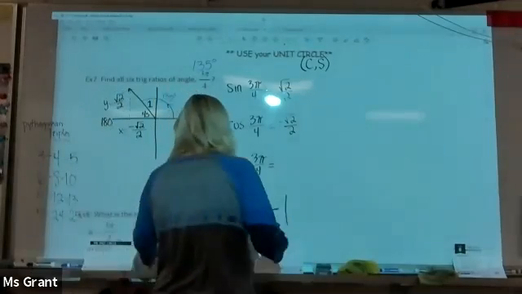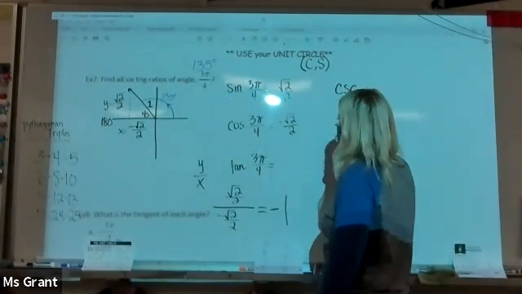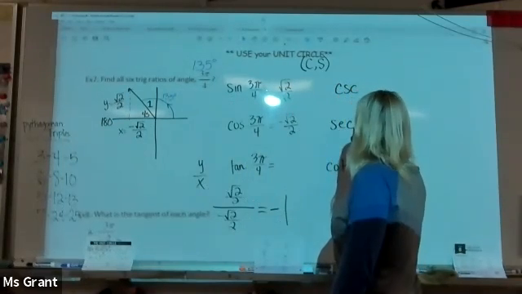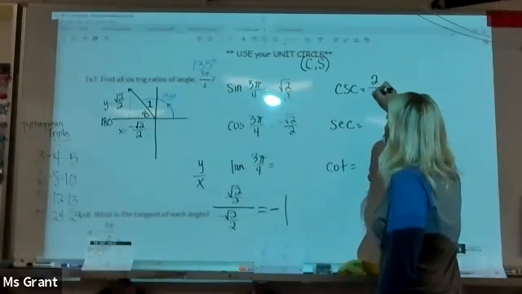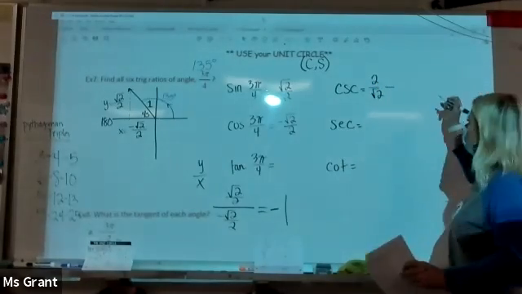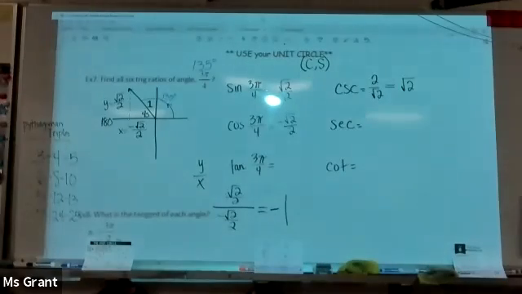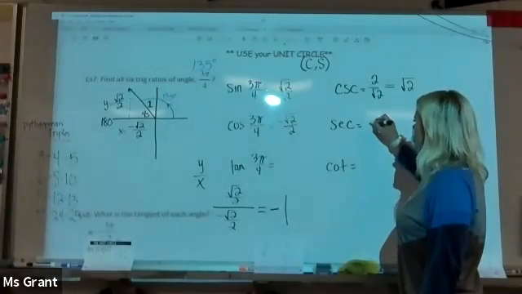My matching reciprocals: cosecant, secant, cotangent. You just take the reciprocal. 2 over rad 2, which we do rationalize the denominator, just becomes rad 2. That's cosecant. It's the reciprocal of sine. Secant is negative.